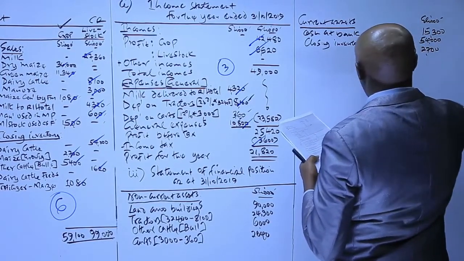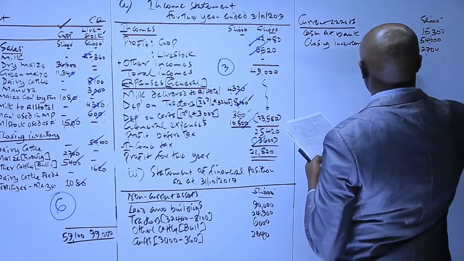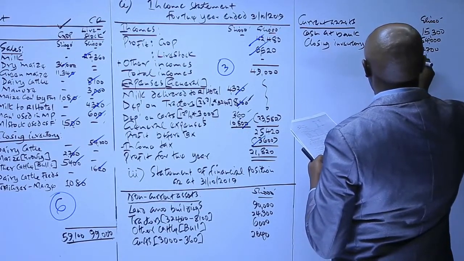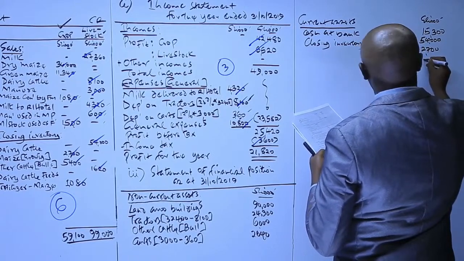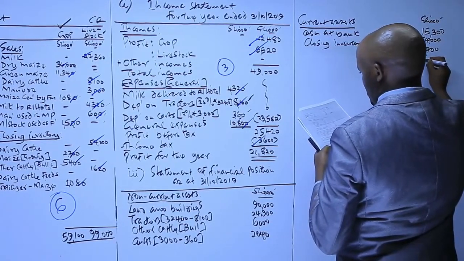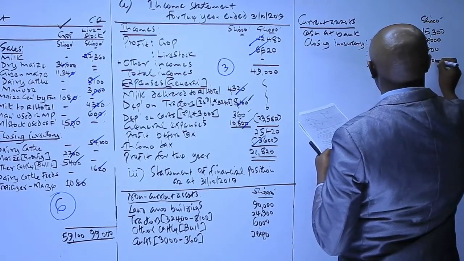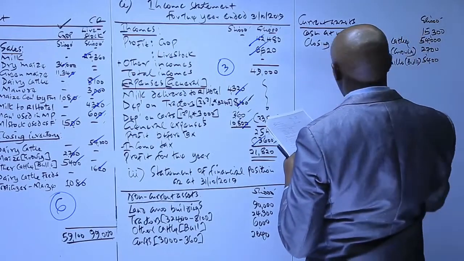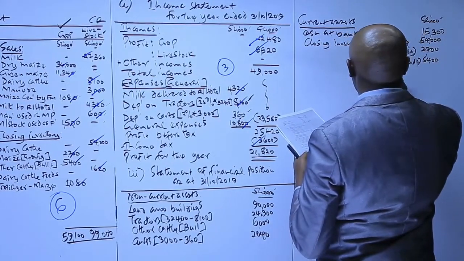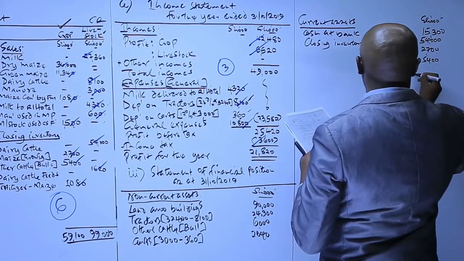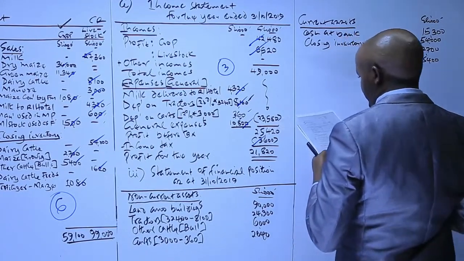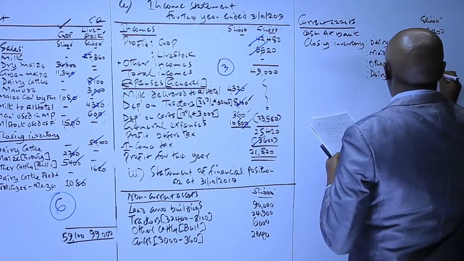We have other cattle which are bulls, having a value of 54,000. And then we have dairy cattle feeds having a value of 1,620.